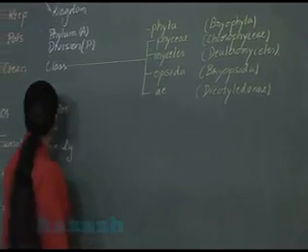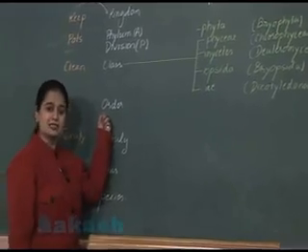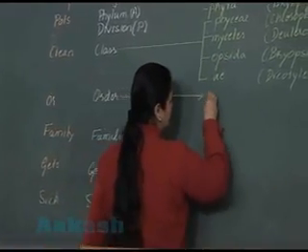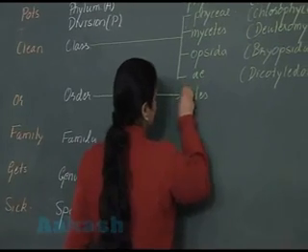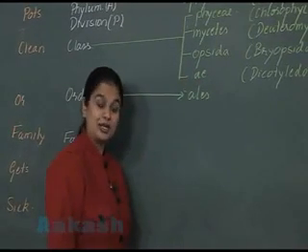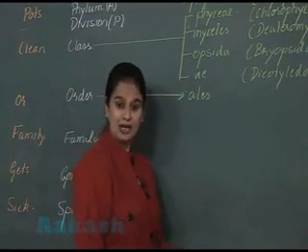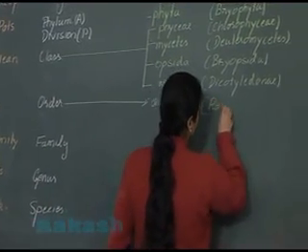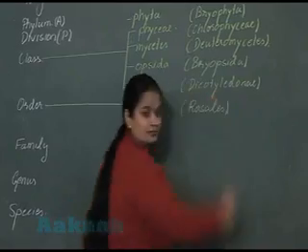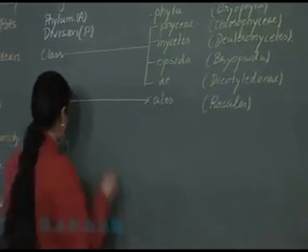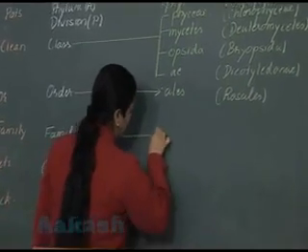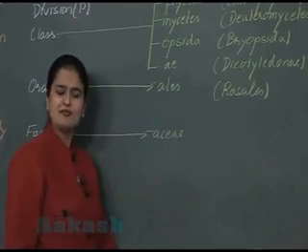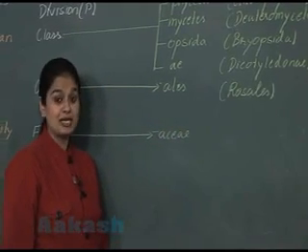Now after the class, the next category is order. For order, the suffix utilized is ales. Examples are Poales, Rosales. Now the next one is family. For the family, the suffix is ACEAE. Several names might be known to you.